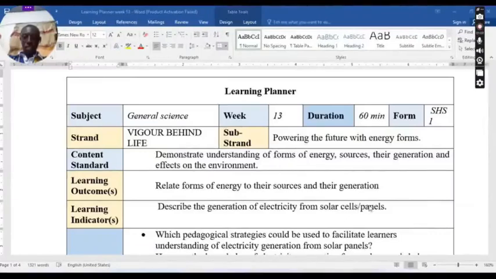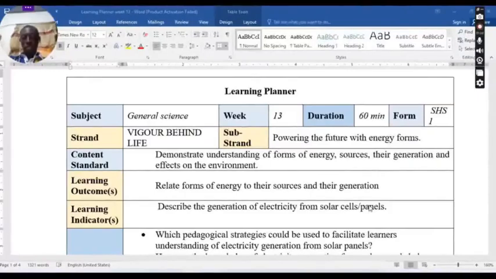Alright, now what is a learning planner? A learning planner is an educational tool that is used to track the achievement of learning goals in a well-organized and prioritized manner.